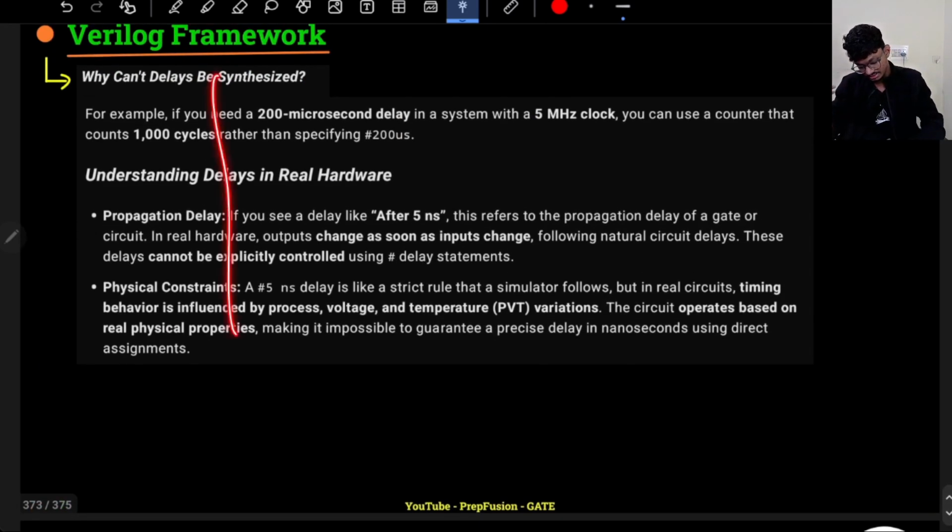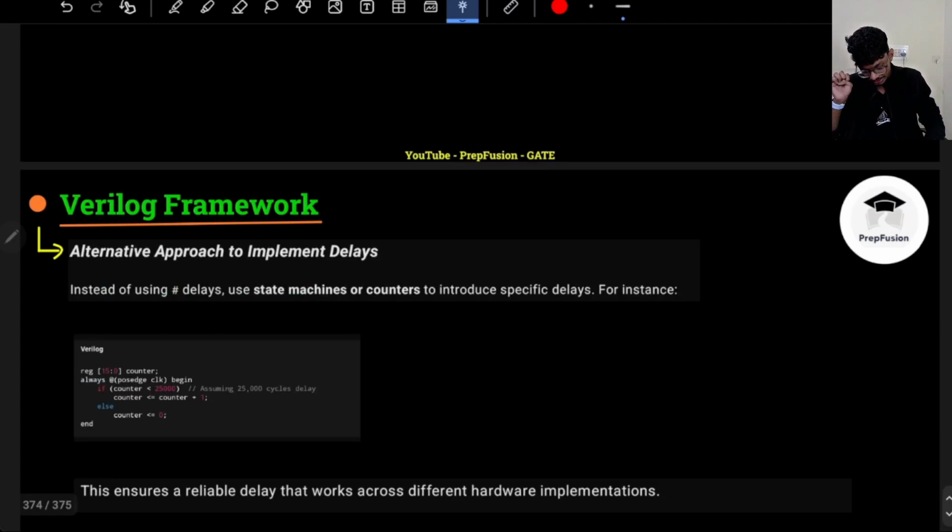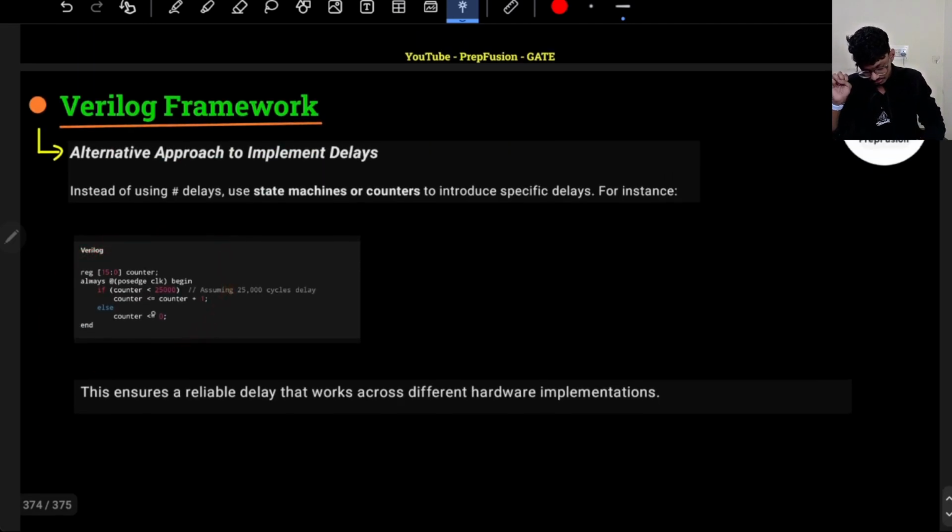Okay, a few more things are written here. If you need a 200 microsecond delay in a system with a 5 megahertz clock, you can use a counter that counts up to 1000 cycles rather than using the delay statement as #200. Here I have done the same thing. If you don't understand the code, don't worry, this if else will be taught in the next module on behavioral modeling.